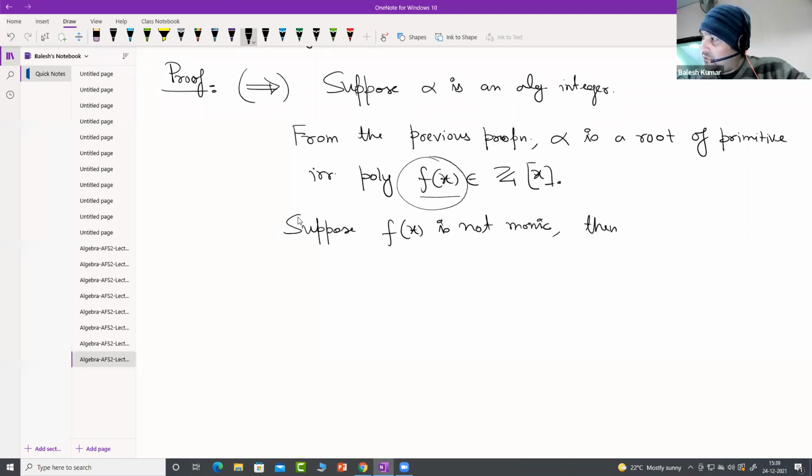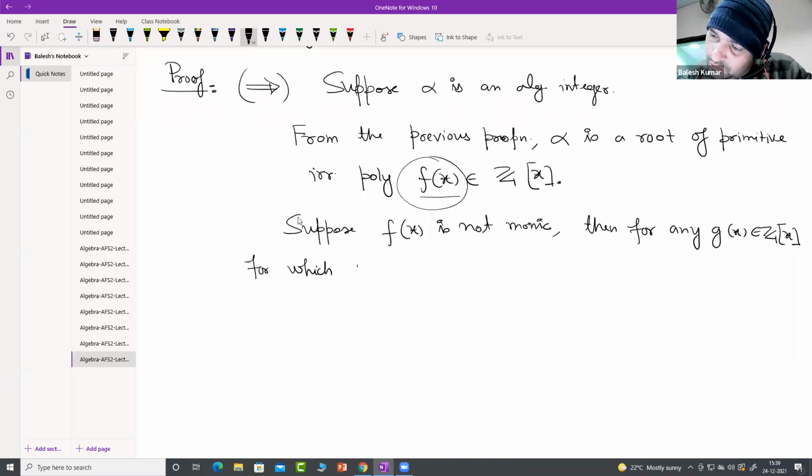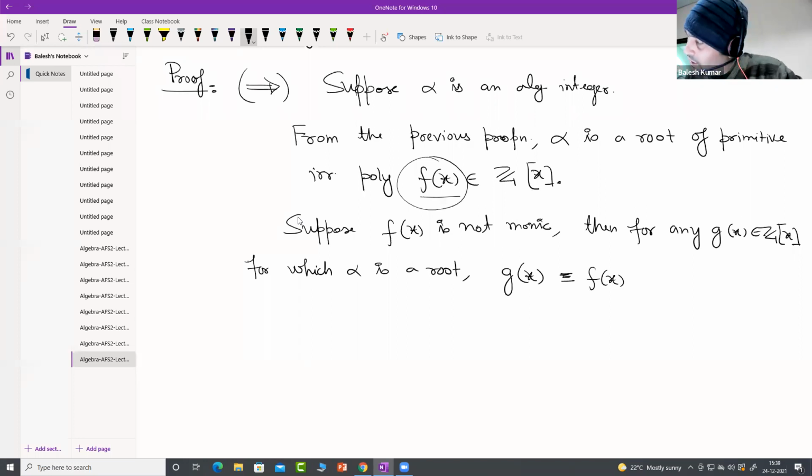Therefore, for any polynomial g of x for which alpha is a root, g of x will be a multiple of the polynomial f of x, say f of x times some other polynomial m of x, where m of x is another polynomial with integer coefficients.